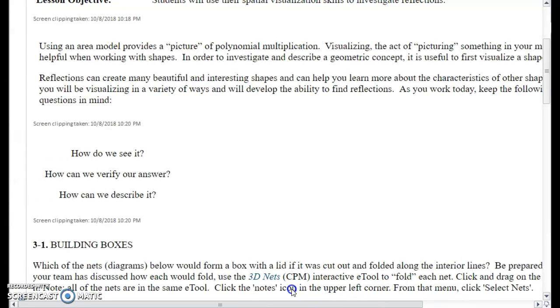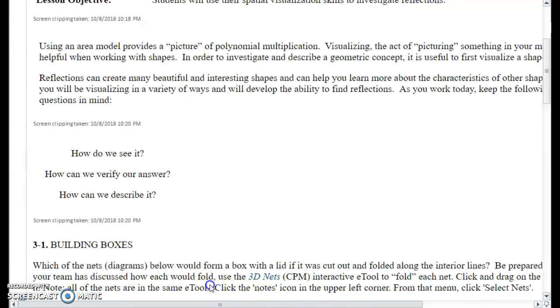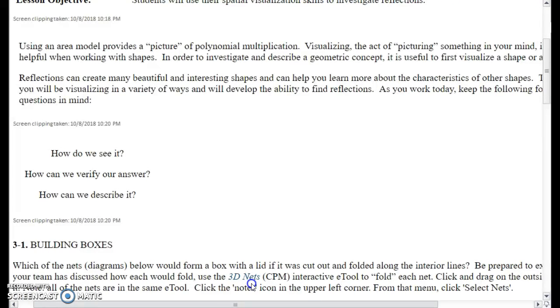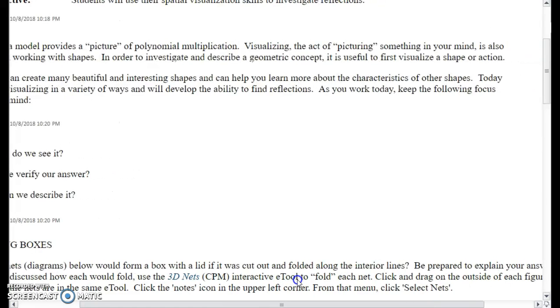So, dealing with reflections, we can create many interesting shapes just off of reflection, and we'll learn more about some of the characteristics of those shapes. Today we'll be visualizing in a variety of ways that will hopefully help you develop your ability to find reflections.